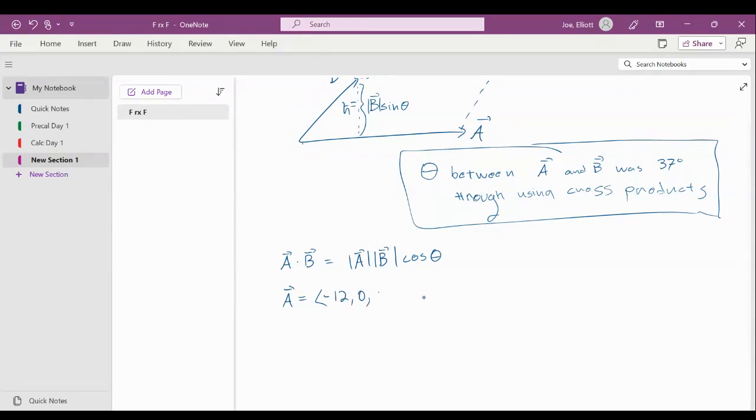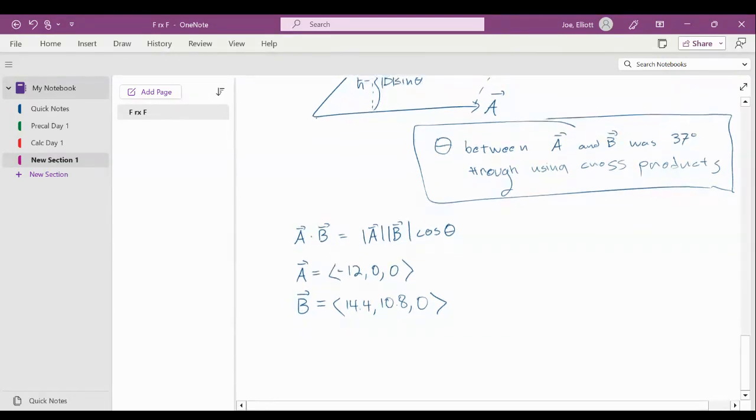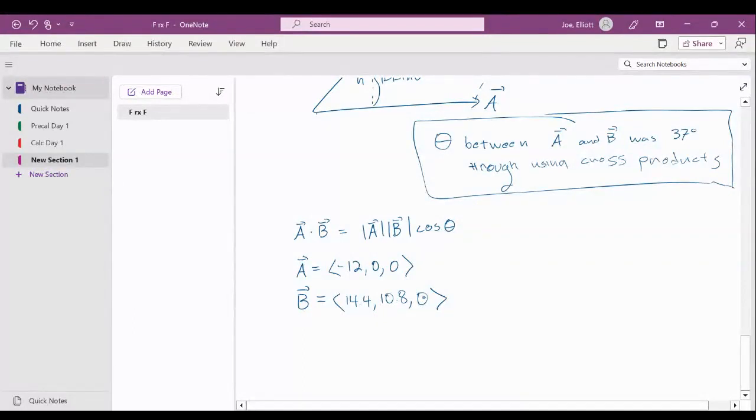Minus 12, 0, 0. So we have that the magnitude of A, if we look up, is obviously 12. Let's take the dot product.